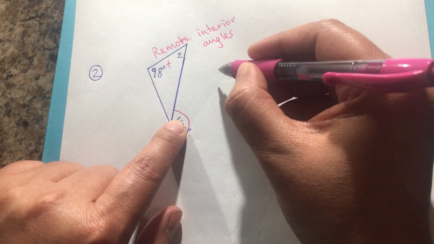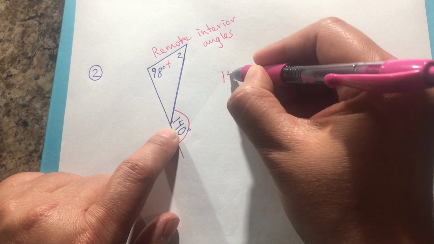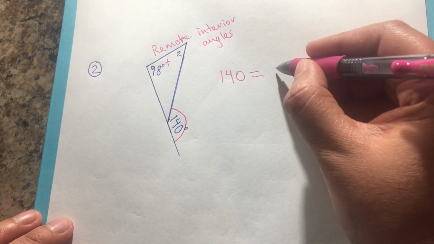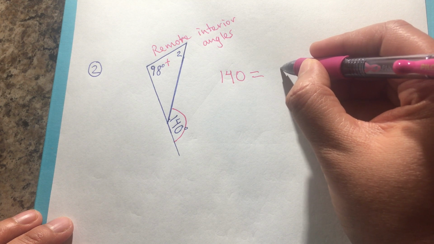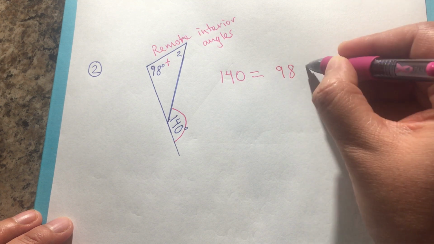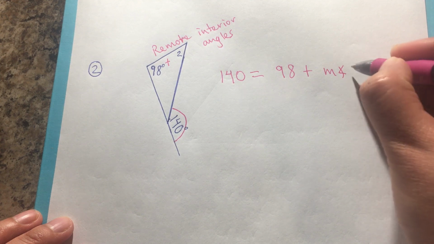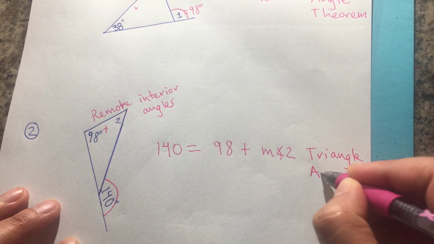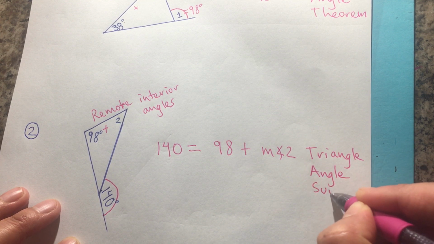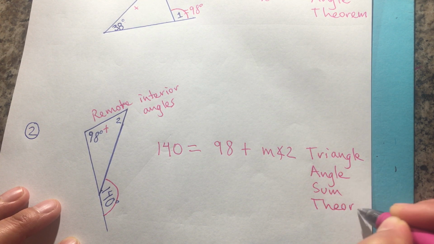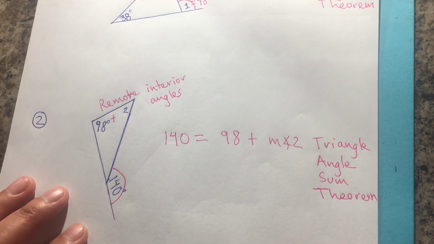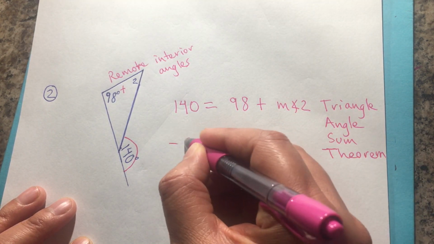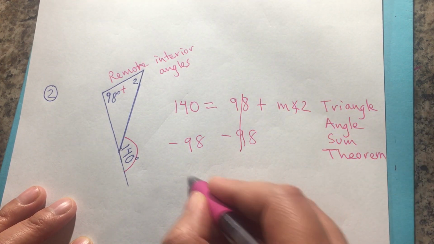Again, we can say that the exterior angle, which is 140 degrees, is equal to the sum of the two remote interior angles. So we're going to put 98 plus the measurement of angle 2. The justification is the triangle exterior angle theorem. And we subtract 98 from both sides to cancel this.